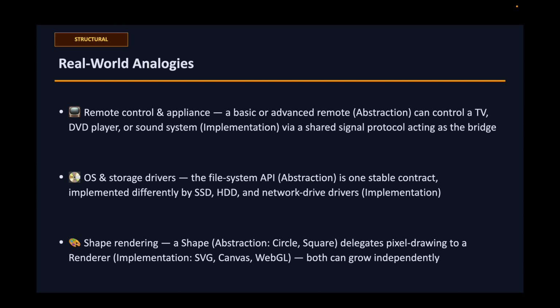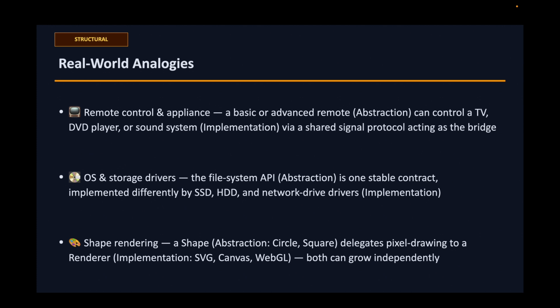If we look at operating systems and storage drivers, the file system API is one stable abstraction, but it's implemented differently by the SSD driver, HDD driver, or a network drive driver. The operating system never needs to know which one it's actually talking to. So we need to consider that as well.